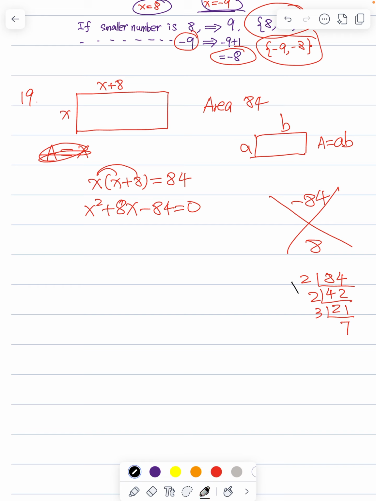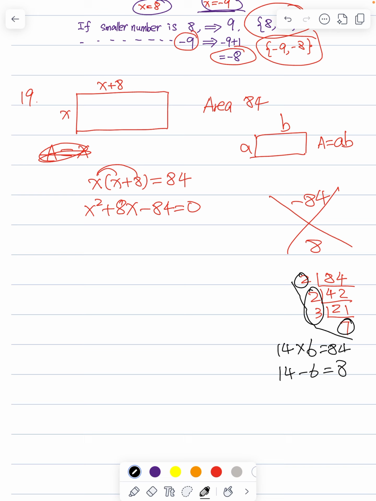2, 2, 3, 7, they are the factors. I have to combine them, let me think. I can combine 2 times 7, that's 14. Then 14 times 6, that's 84. And 14 minus 6, that's 8.